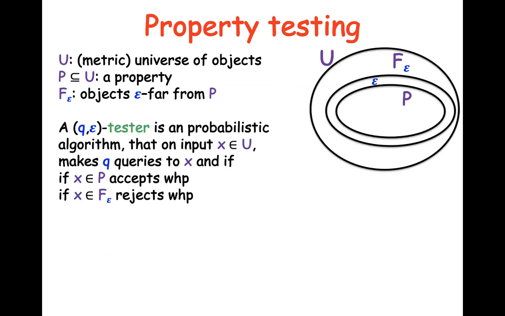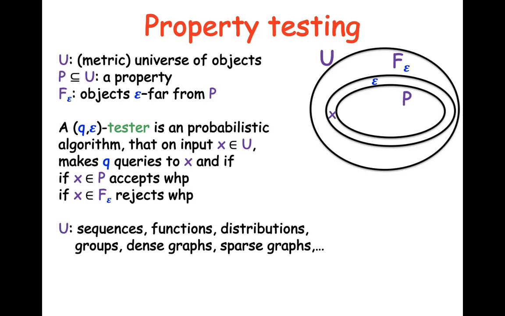And a Q epsilon tester is a probabilistic algorithm that on any input from this universe makes Q queries. And if the object is in P, it should accept with high probability. If it's far away from it, in F epsilon, it should reject with high probability. And if it's in this amorphous region, close to P, then we don't care what it does.